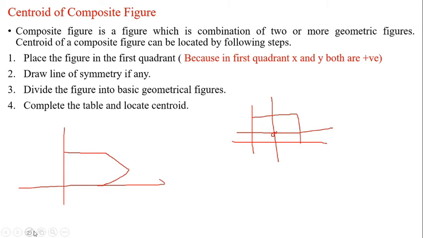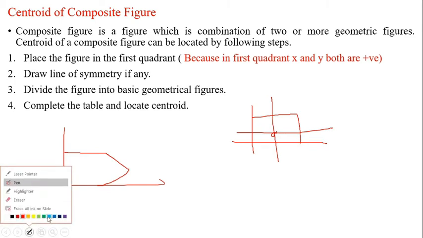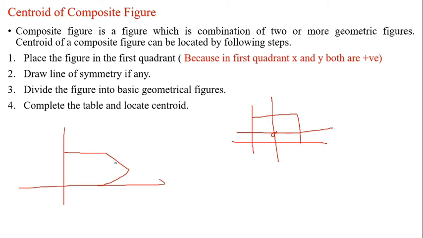And if I ask you to locate centroid of figure, so how to locate centroid of this figure? Now, this is not a basic geometrical figure, but the figure is like this. Again, I am drawing it with different color. So, this is perimeter of the figure, okay. Now, how to locate centroid of this figure?